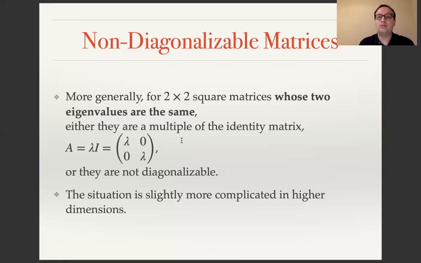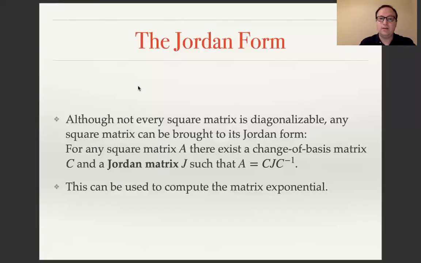So now we're going to see how to handle this situation when the matrix is not diagonalizable. It turns out that there exists a more general notion instead of the diagonal form of a matrix, which is called the Jordan form of a matrix. So even though not every square matrix is diagonalizable, every square matrix can be brought to its Jordan form.